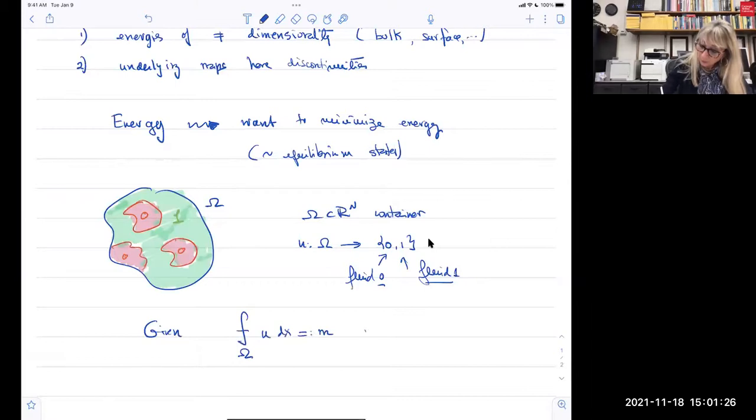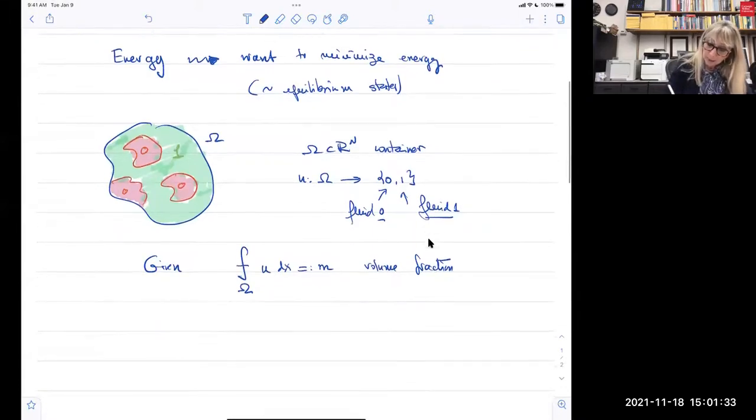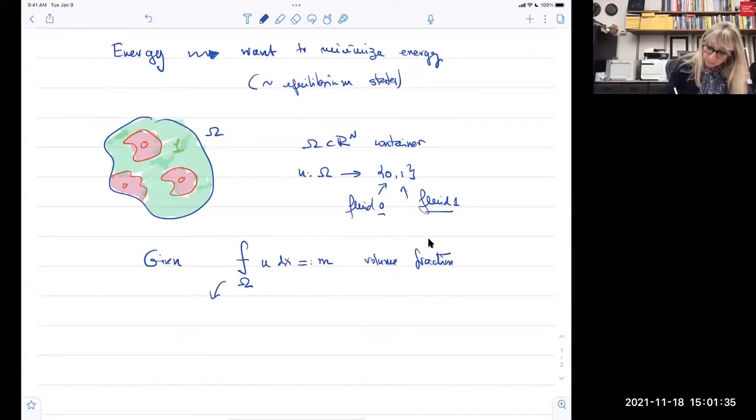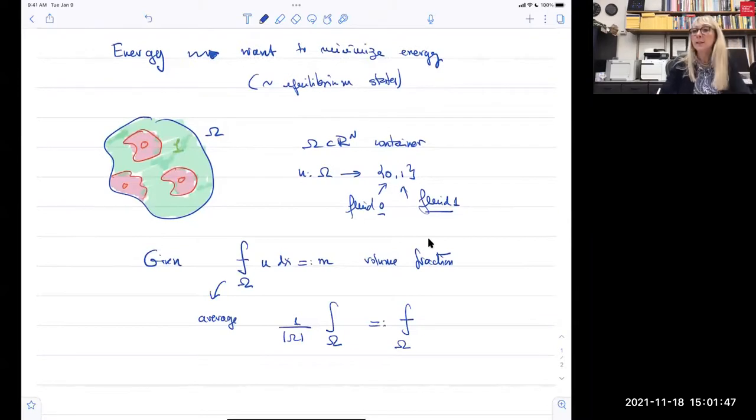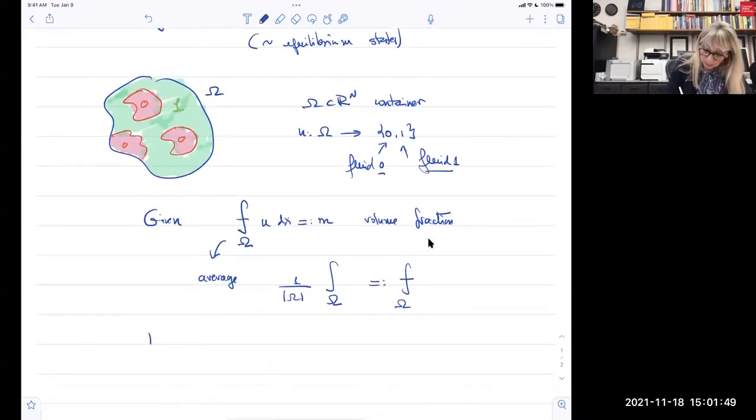Okay, so that's the volume fraction of one fluid versus the other. This is given. By the way, this is the usual sign for average, which is just 1 over the measure of omega times the integral over omega, right? That's how I define this. And by the way, unless I say otherwise, this stands for the Lebesgue measure of omega, right? So this is just the n-dimensional Lebesgue measure.